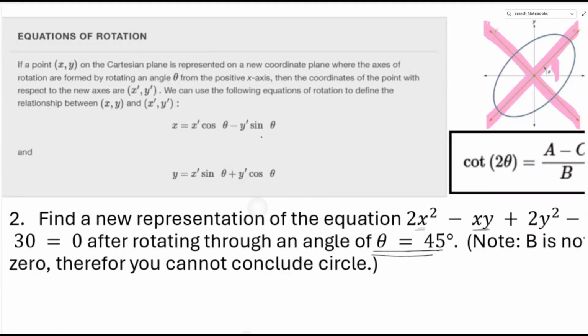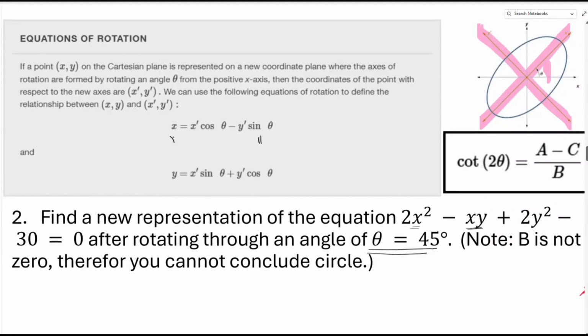Right here, in the equation, we're going to replace the x's with x prime times the cosine of 45 degrees, minus y prime sine of 45 degrees.